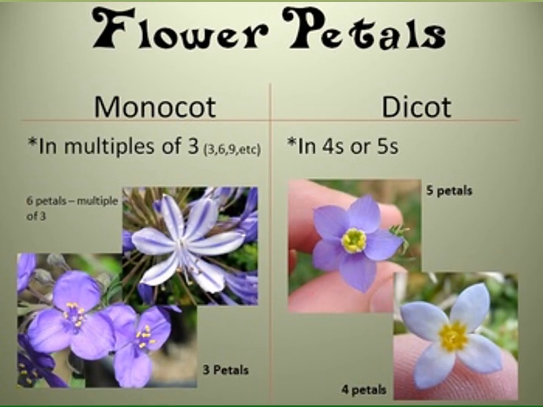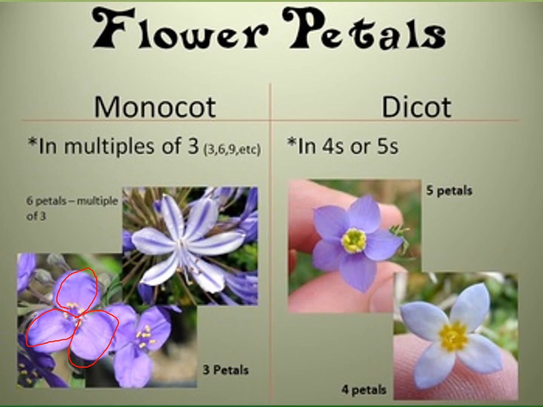The next thing is we can tell from the flower petals. Monocots have flower petals that are in multiples of threes. What does that mean? Multiples of three means each layer would have three petals. So if this is a single layer flower, it only has three petals. If it has 6 petals, you'll have a layer of 3 and then a layer of 3.